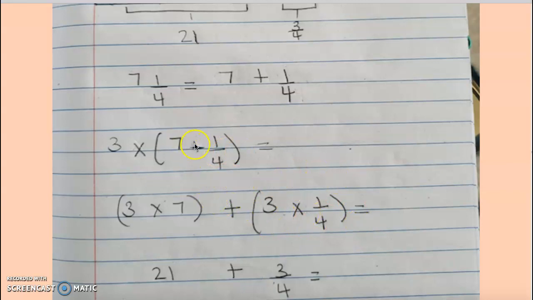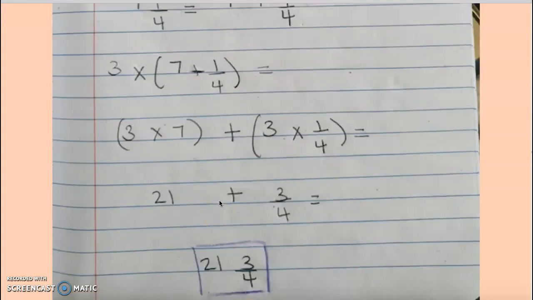And don't forget to bring down your addition symbol. Okay. So then I'm going to calculate that. 3 times 7 is 21. 3 times 1/4 is 3/4, and I'm going to add that together, which gives me 21 and 3/4. So I know that 3 groups of 7 and 1/4 is equal to 21 and 3/4.